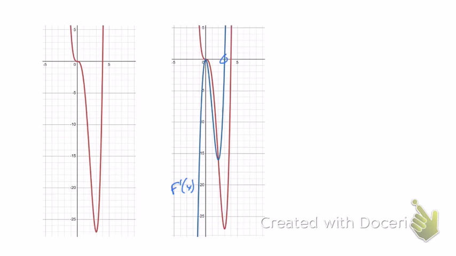What's that at? X equals 3. Guess what? This point is x equals 3, and then whatever the y value would be for that thing. Horizontal tangent line there. All right, I'm going to take the first derivative line out and put the second one in.